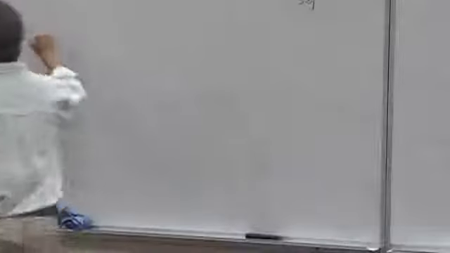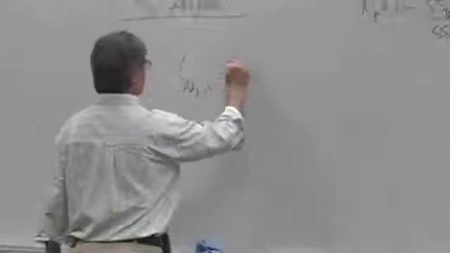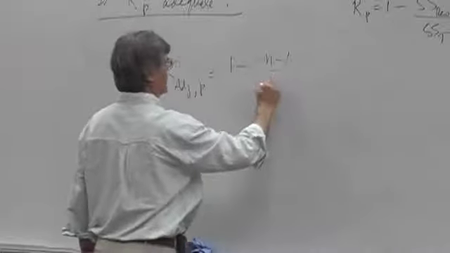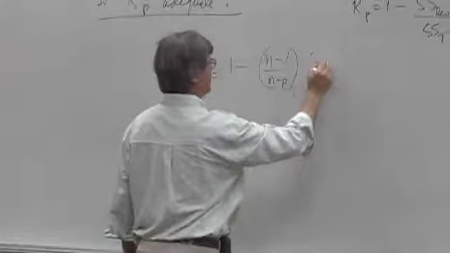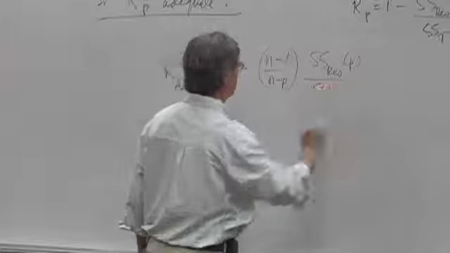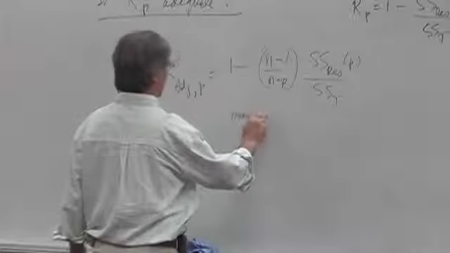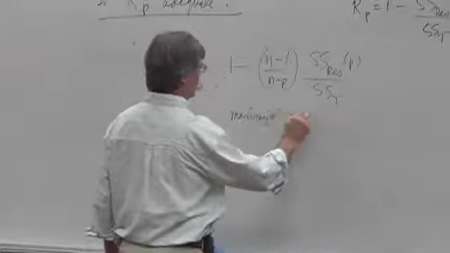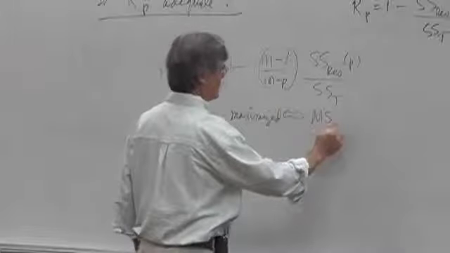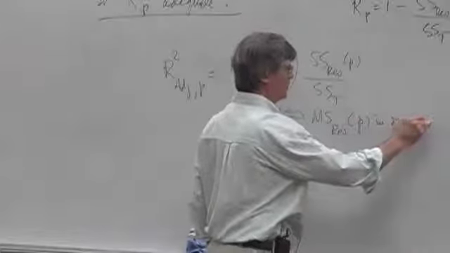R square adjusted for p, which is equal to 1 minus (n minus 1) over (n minus p) times SS res p over SST, SST being a constant, is maximized if and only if MS res of p is minimized.